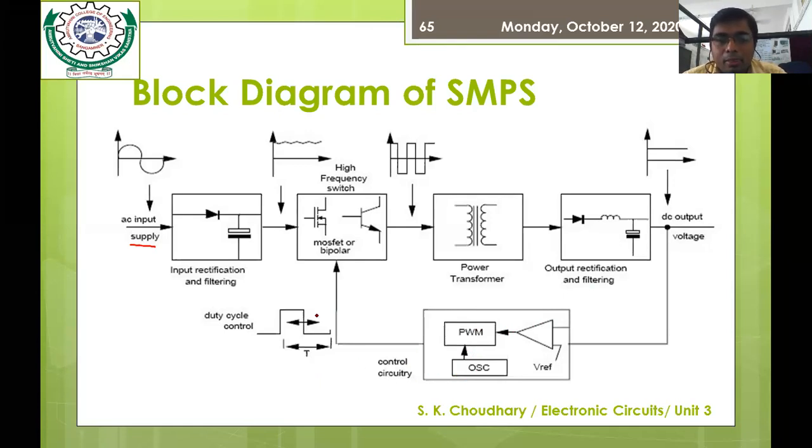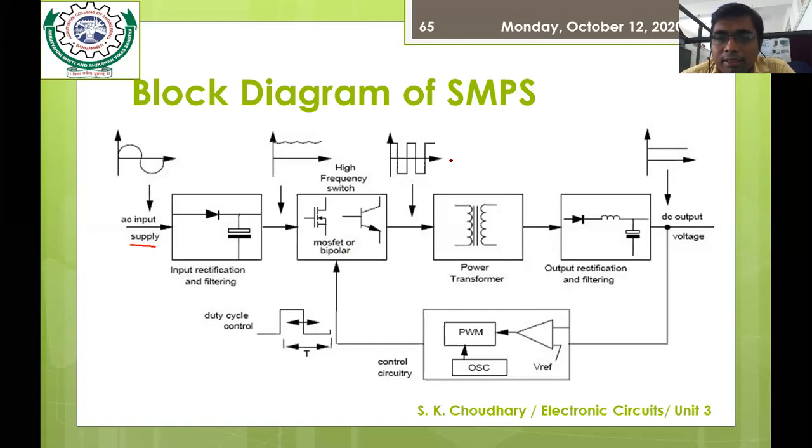This would generate a time varying pulse, and this pulse is given to either the base of the BJT or the gate of the MOSFET, and at the emitter terminal, or you can say the source terminal, a high frequency time varying signal would be generated.